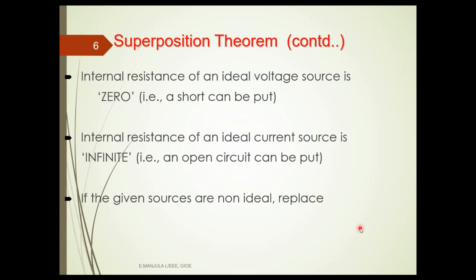If the given sources are non-ideal, then we replace them with their internal resistance.